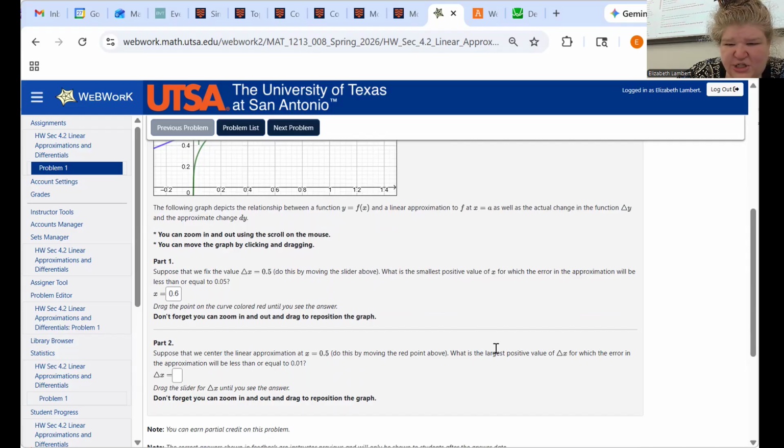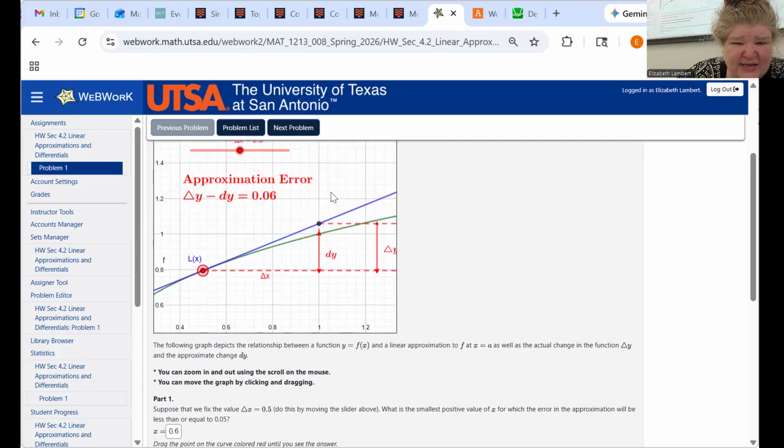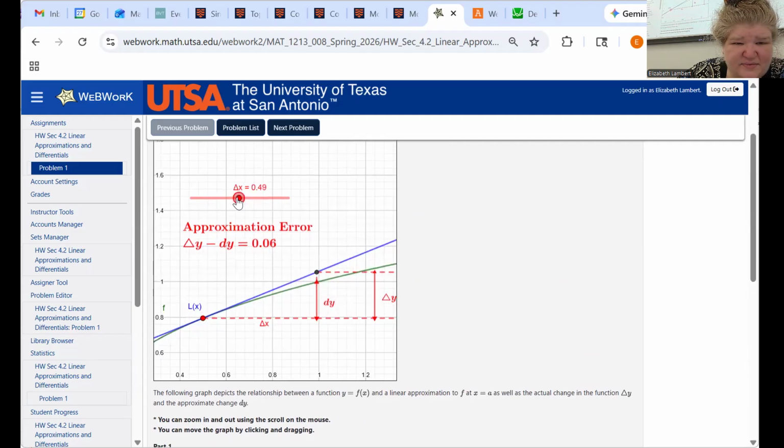And then what is the largest positive value of delta x for which the error in the approximation will be less than 0.01? So now it's wanting me to slide my delta x until my error value gets real tiny. So it looks like 0.23.